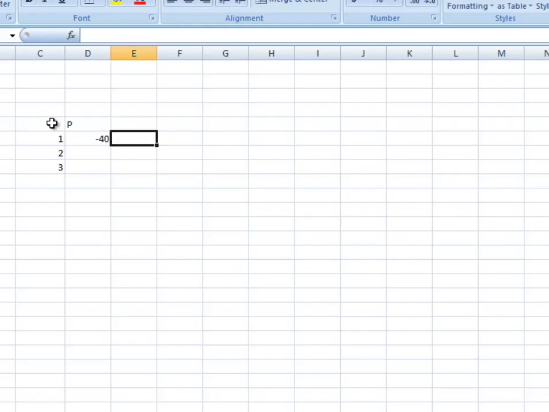And then it has an interest rate of, say, 6%. And it's going to be compounded 12 times. And every month we're going to put in $10. So a payment, we're going to put in $10.